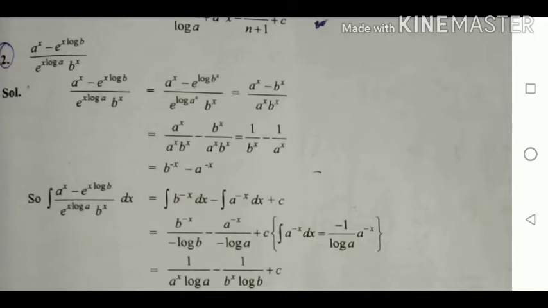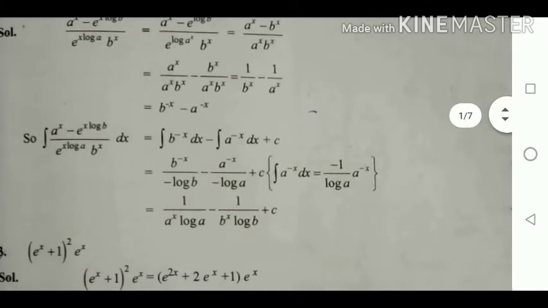So b power minus x is integrated, we get b power minus x divided by minus log b, then minus a power minus x integrated, we get a power minus x divided by minus log a, plus c. We are applying the formula: integration of a power minus x dx equals minus 1 by log a times a power minus x. This is the formula we apply for both b power minus x as well as a power minus x.